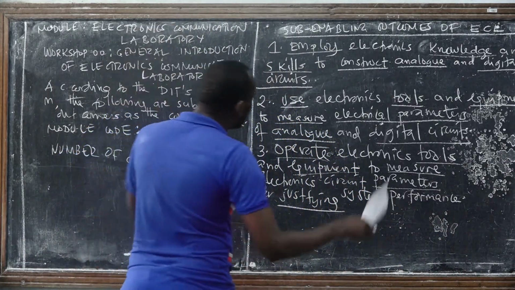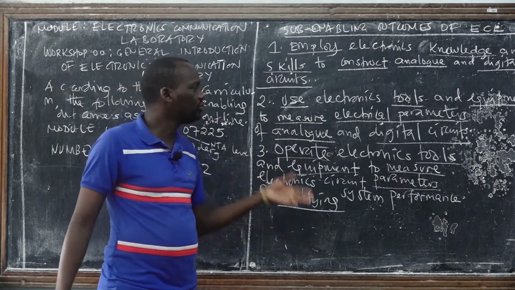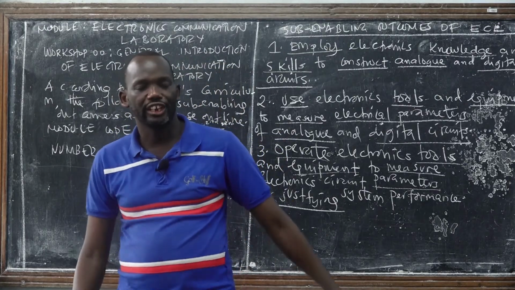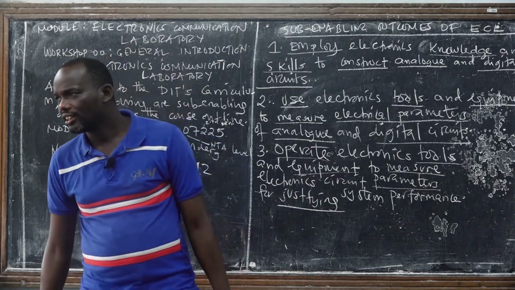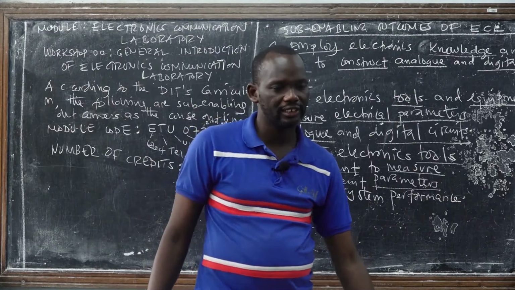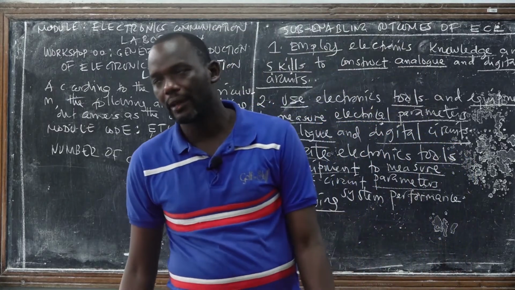You have to grasp the concept of using electronic tools and equipment and then apply that knowledge in measuring electrical parameters of the analog and digital circuits we will be constructing. Class, are we together?